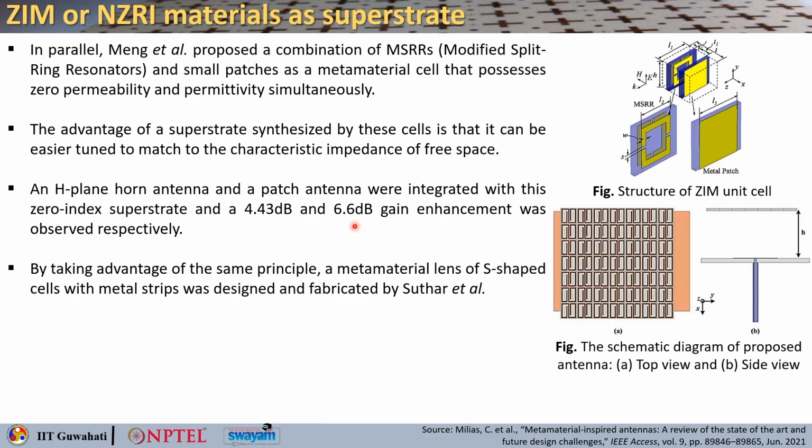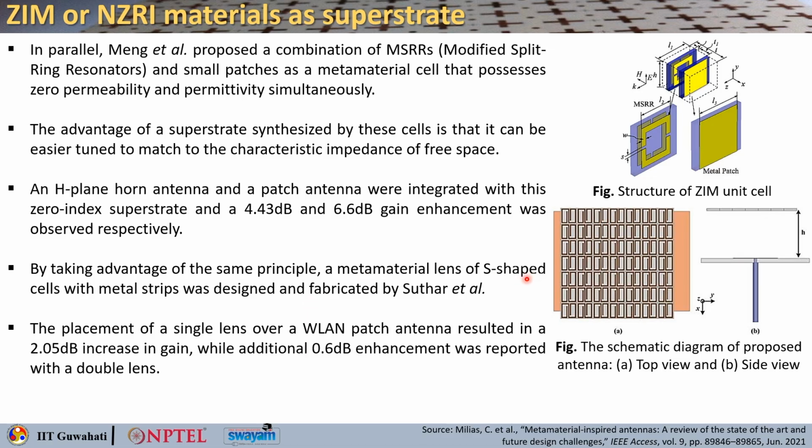Now, the same concept was modified, and a similar experiment was done by Suthar and his group. Here they made a metamaterial lens, which is nothing but an array of S shaped metallic strips, as you can see here, which were designed and fabricated.